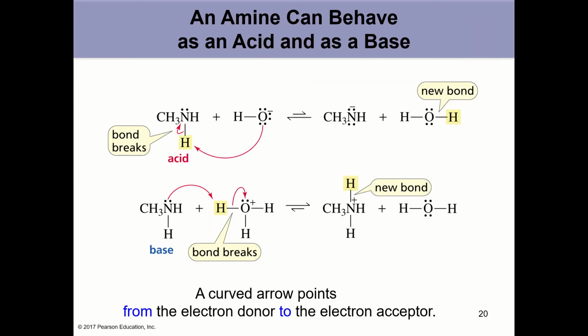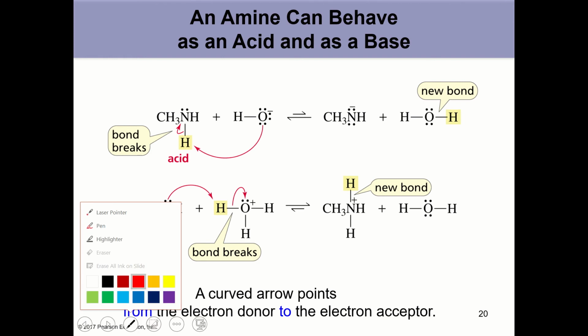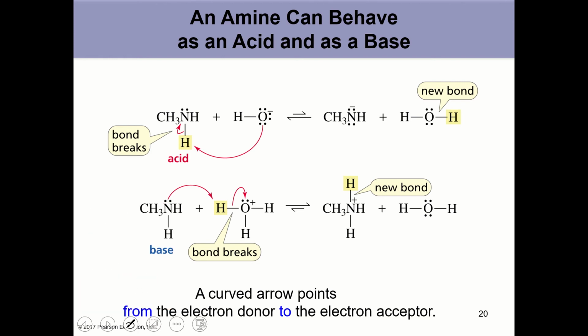Like alcohols and carboxylic acids, amines can behave as acids or bases. They have polar bonds to hydrogen, and because of the dipole, there is a partially positive hydrogen, which can be an electrophile or an electron pair acceptor.